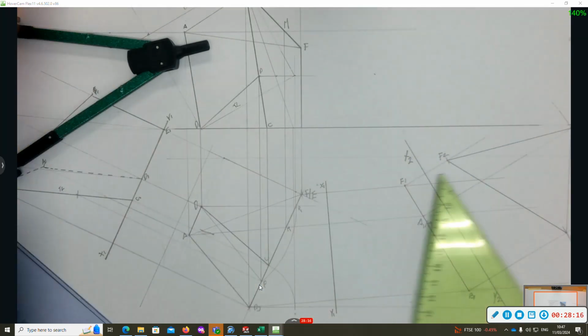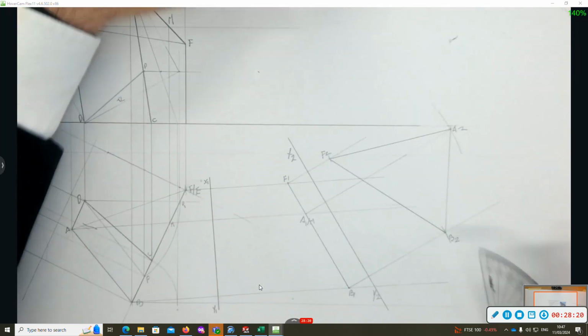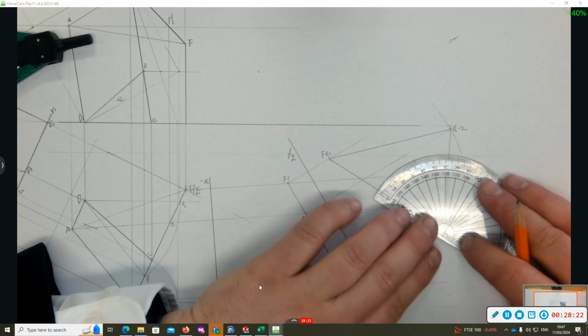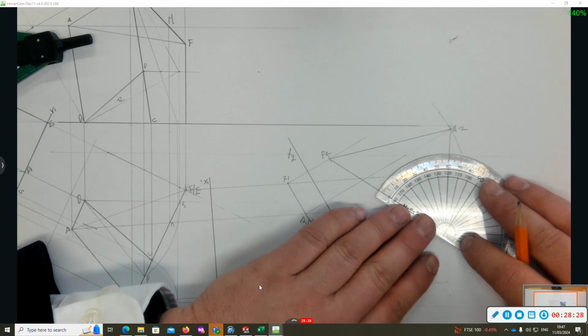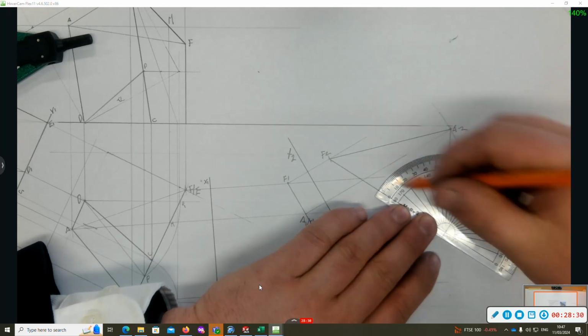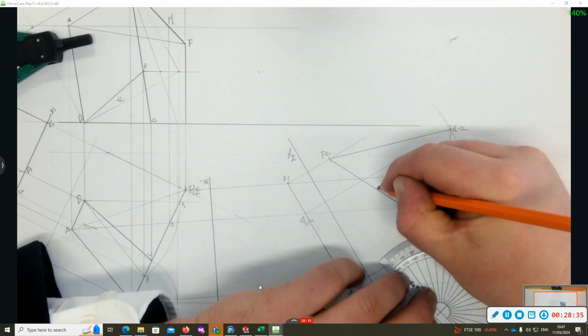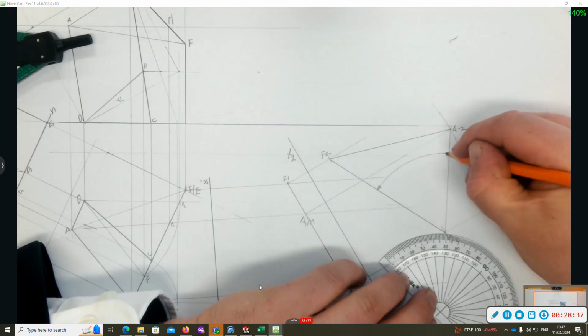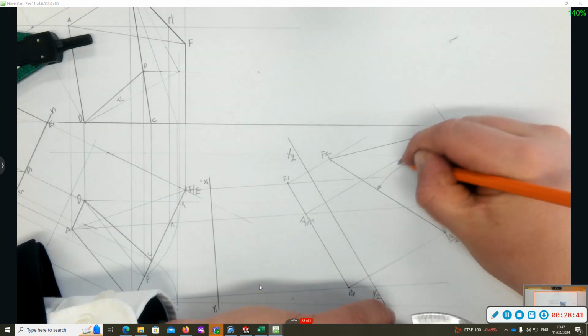So the true angle between the lines, okay, is here. Angle of, well, I got 60 and a half. So I think it's down in the marking scheme as 61. So there'd be no issues with that. True angle.